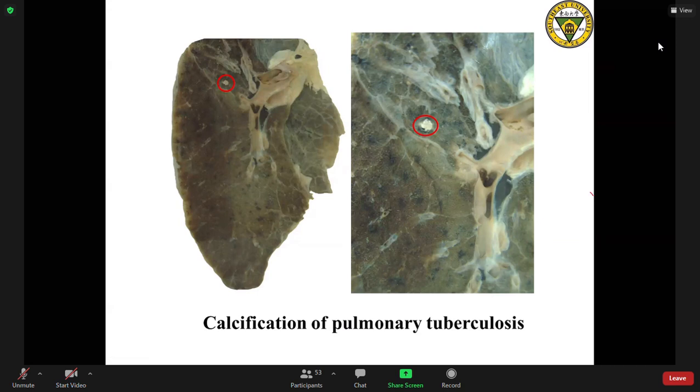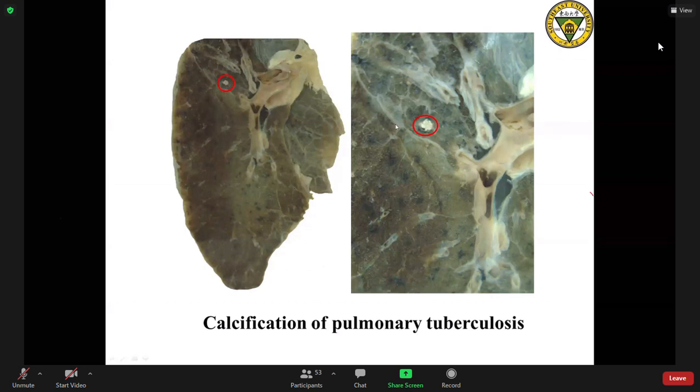Another consequence about the necrosis tissue is calcification. Calcium deposit in the necrosis area. This is the lungs, cut surface. We noticed here a very small pale or white particles in this area.